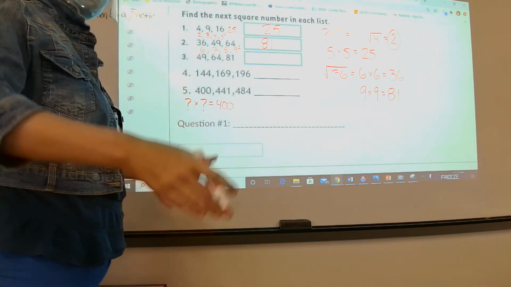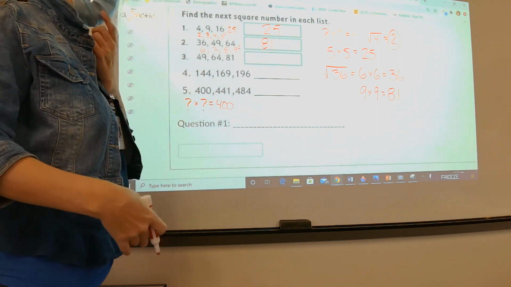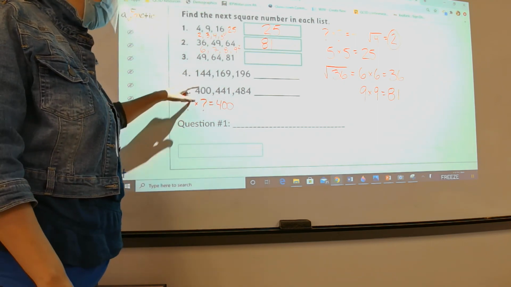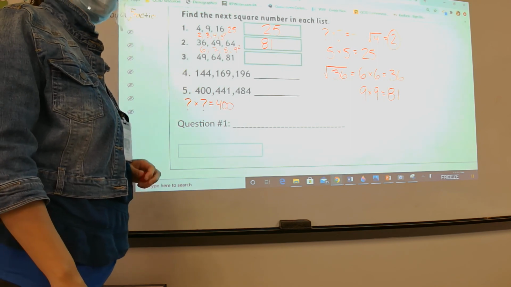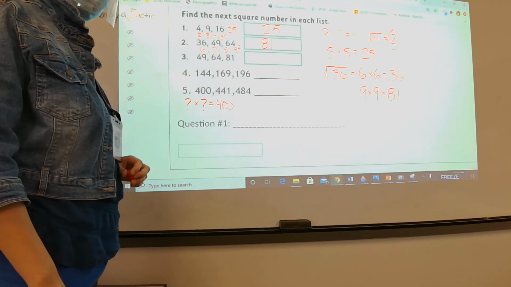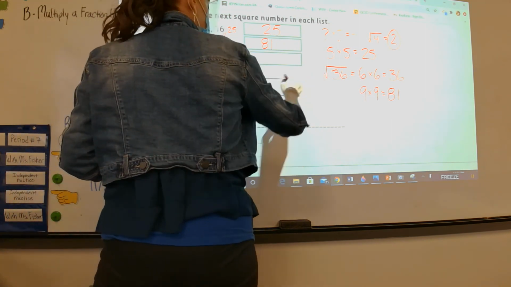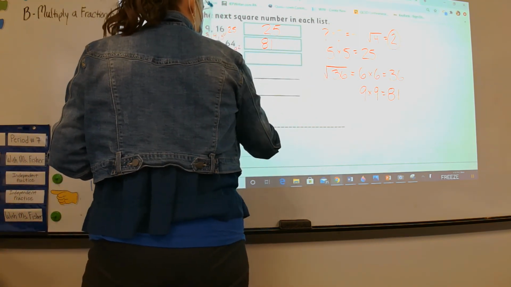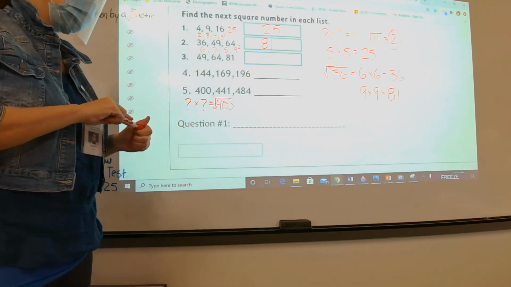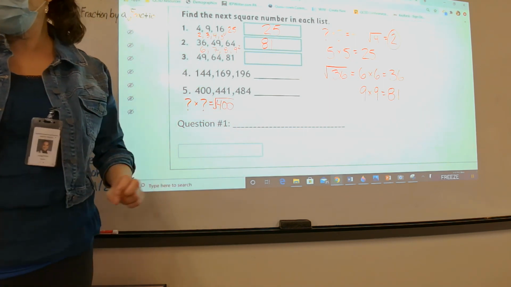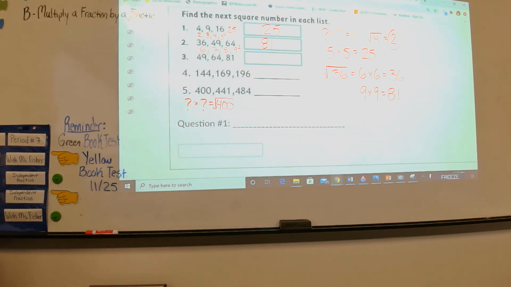So what number times itself gave you 400? How do you figure that out? What did we do for all of these to figure that out? You gotta take the square root. Okay, so now you do the same thing for 441 and 484, and then you find out the next one in the series.